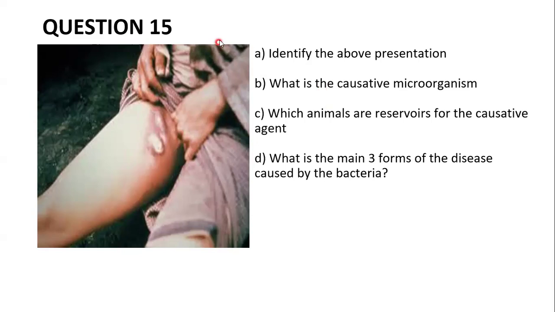Yersinia pestis, very good. So please don't confuse Yersinia pestis and Yersinia enterocolitica. Yersinia enterocolitica is purely a GI bacteria. Okay, it causes bloody diarrhea. That's Yersinia enterocolitica, but Yersinia pestis causes buboes. Then the reservoir. So these buboes are the ones that cause the plague. Okay.